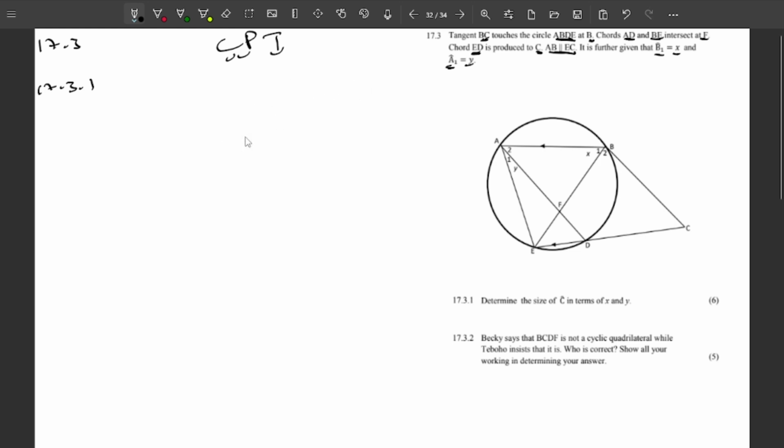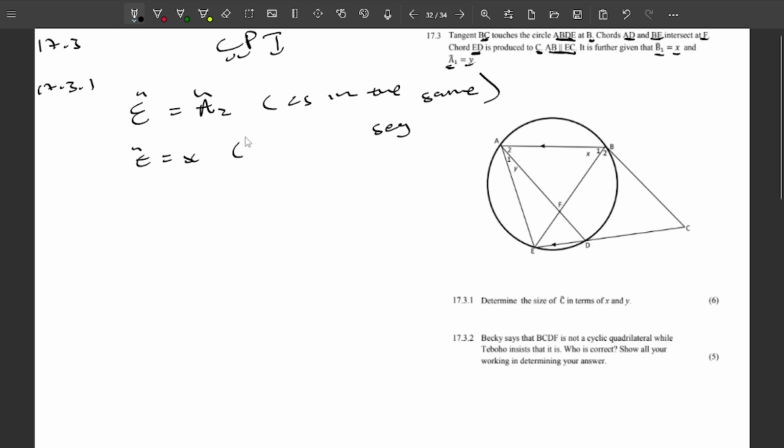We're going to say angle E is equal to angle A2. Why? Angles in the same segment. So both of them are equal to each other, and we do know that angle E is equal to x.